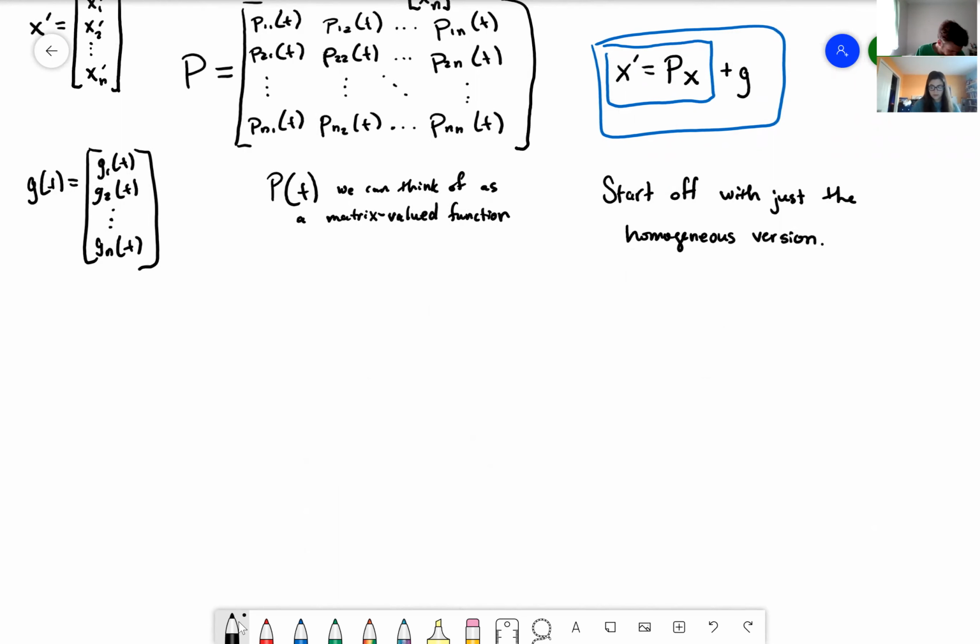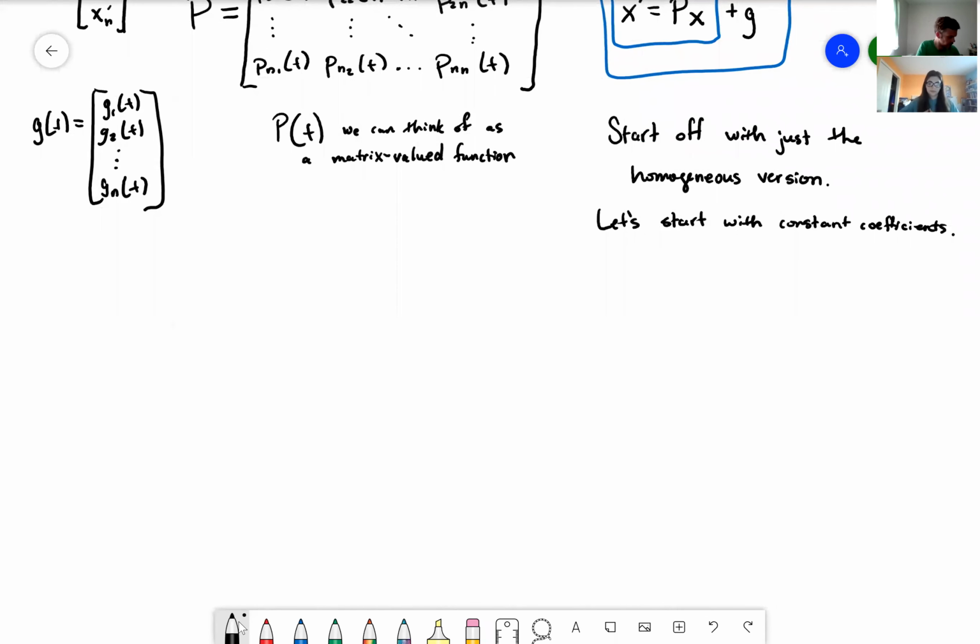And in fact, let's go straight to something concrete. Let's start with an example of the homogeneous version with constant coefficients. We'll just go straight into this. Let's look at an example of that.